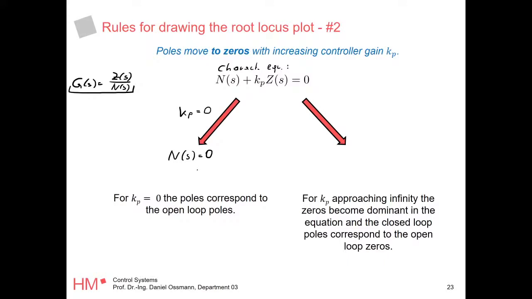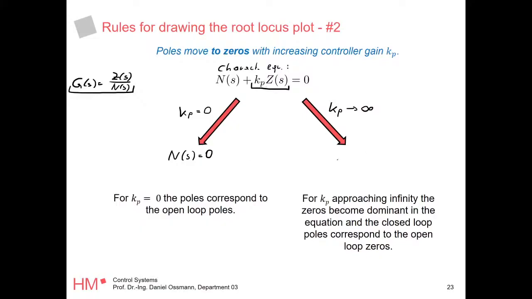Remember when I've shown you the root locus examples for the PD2 system where they moved straight up and down, we also said, okay, if we don't have a controller, these are the poles of the open loop. Okay, so now let's say what happens if we move Kp to infinity. If we move Kp to infinity, this term becomes predominating in the equation, and this n here is much, much smaller than this term here.